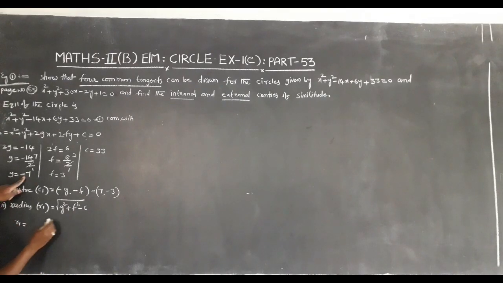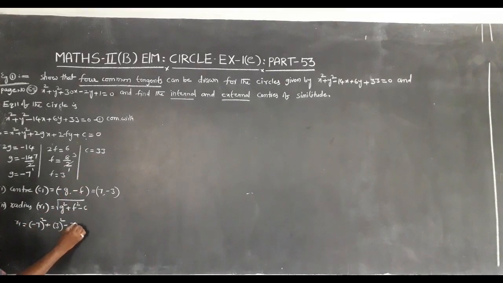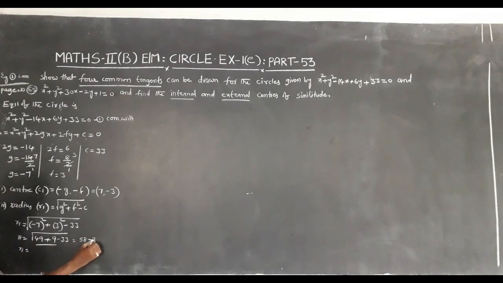R1 is equal to under root of minus 7 whole square plus 3 square minus 33. 49 plus 9 is 58, 58 minus 33 is 25.